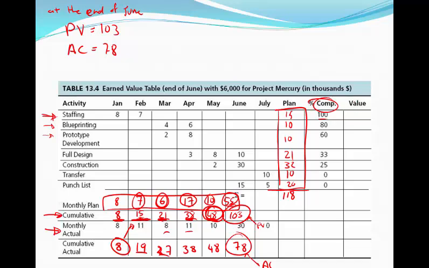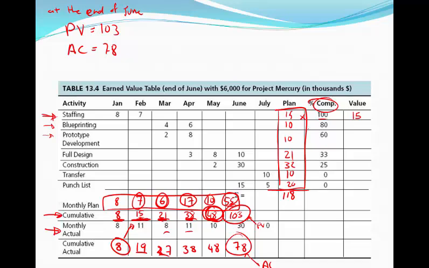So to figure out the value that we've gained so far, we multiply our planned cost by our percentage completed to get the actual value that we've earned on this project. So in this case, $15,000 times 100%, the value is $15,000. That's the actual value we have in our project.